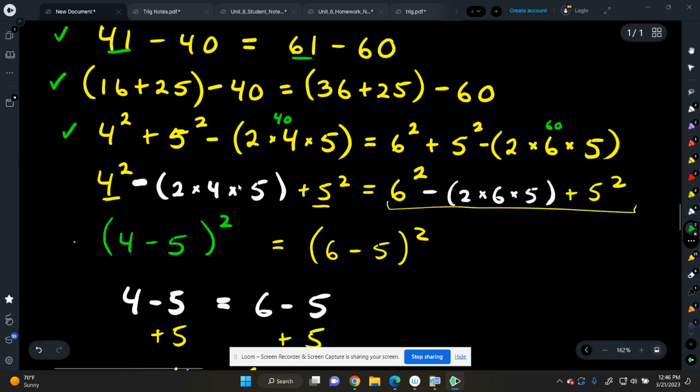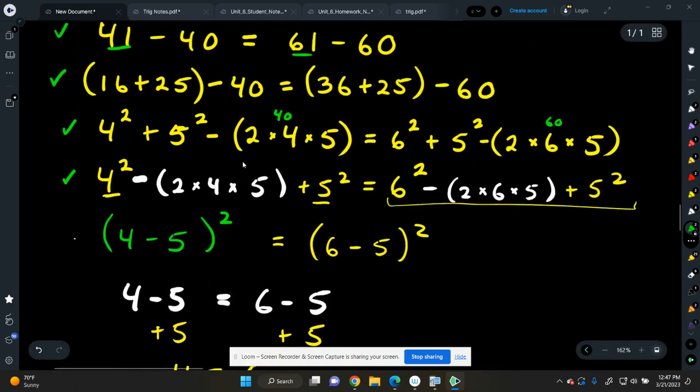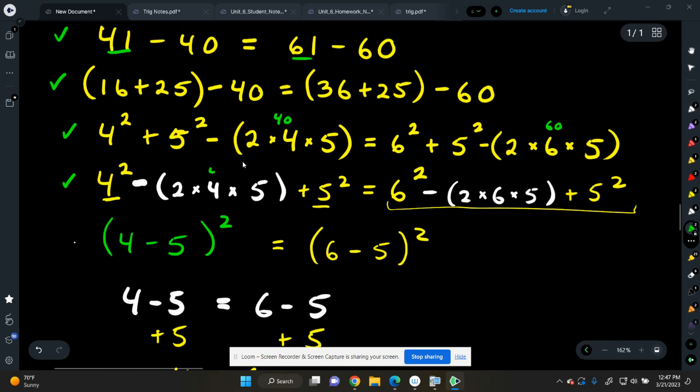All I did here was rearrange. You can change the order that you add or subtract. There's nothing wrong with that. Now, I factored this, and I just showed you, remember, this is 40 and this is 60.